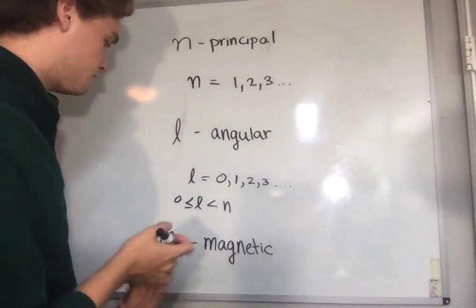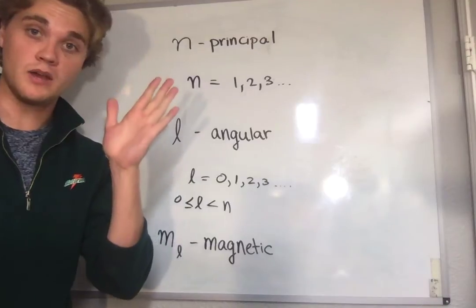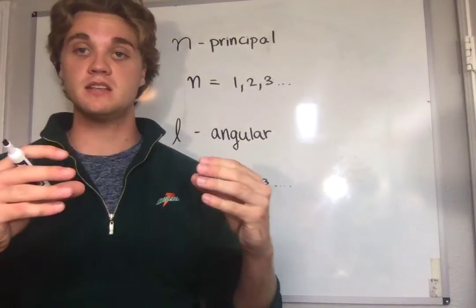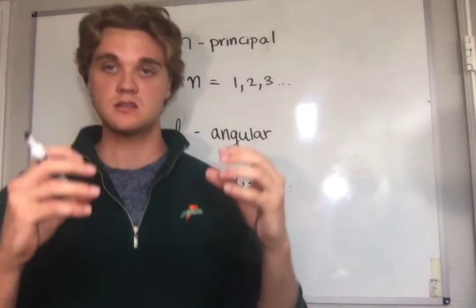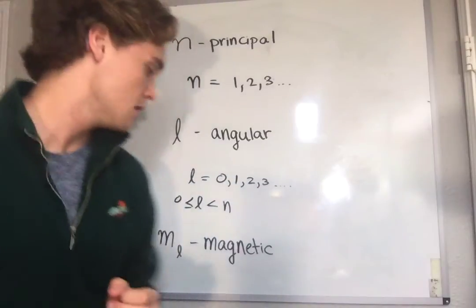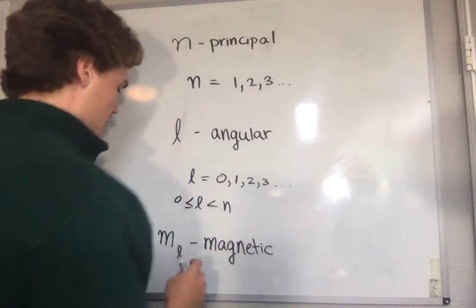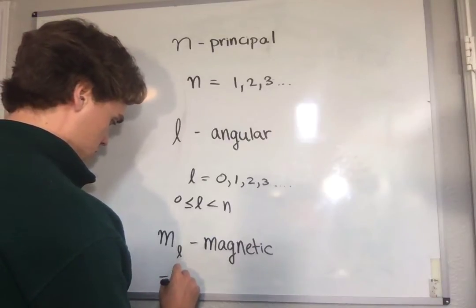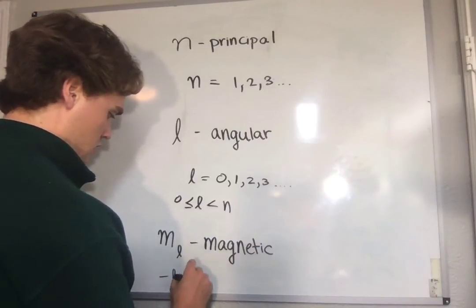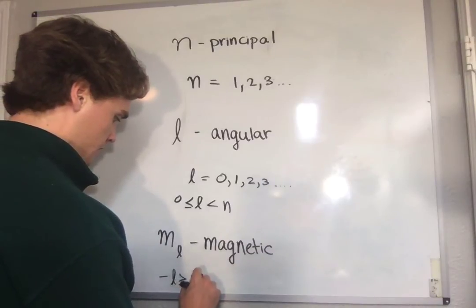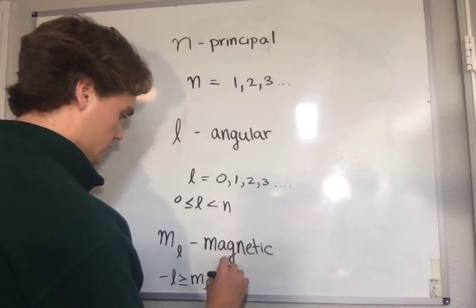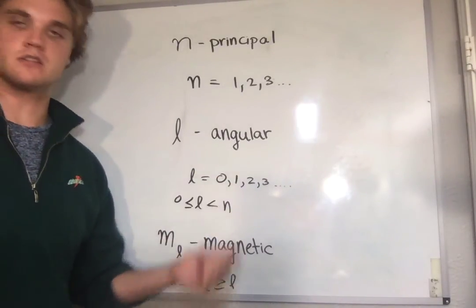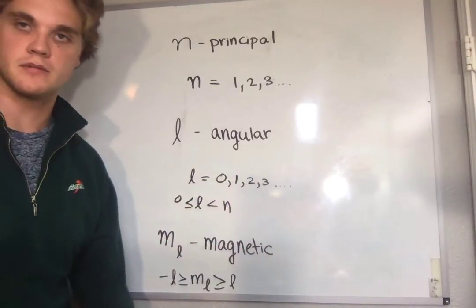So ML says that, based on ML, this orbital is going to be facing a given way. It will tell you if it's like this, or like that. So ML can go from minus L to L. If L is 3, ML can be minus 3, minus 2, minus 1, 0, 1, 2, 3, all the way to 3.